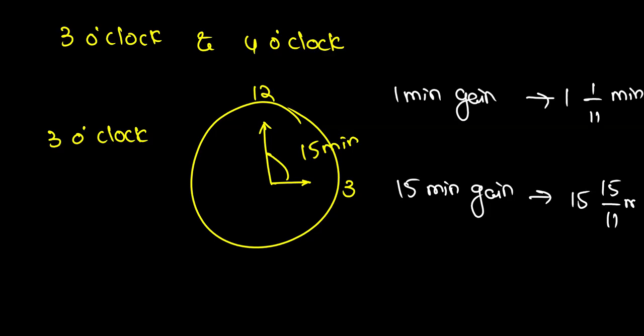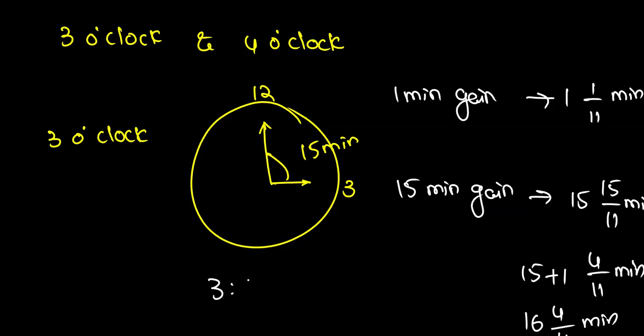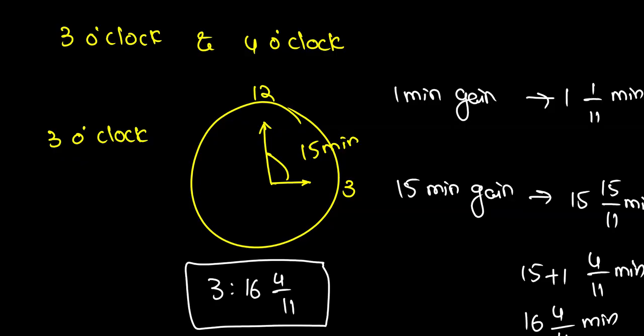Is 15 more than 11 or less than 11? So divide: 11 once, and the remainder is 4, so 1 is added here. This is called 1 and 4 by 11. So the answer is 3:16 4 by 11. At this time exactly the hands will coincide.